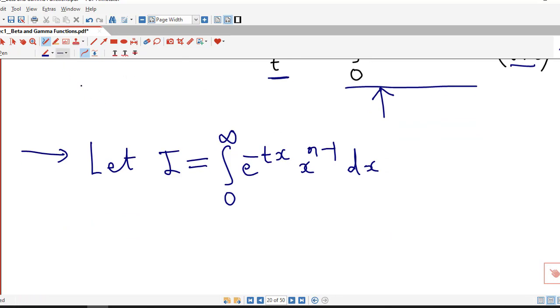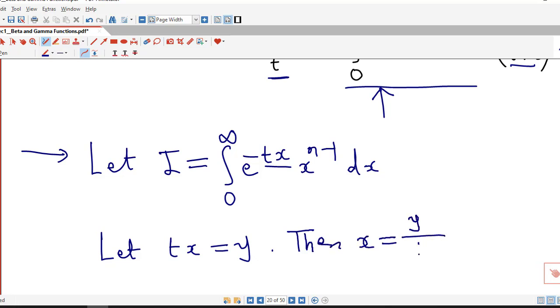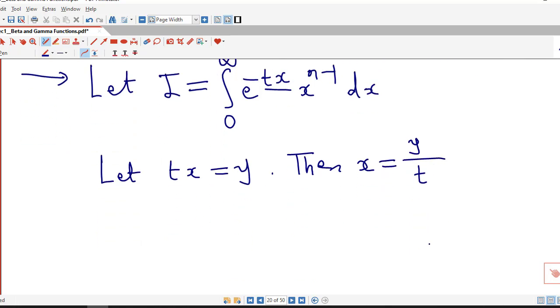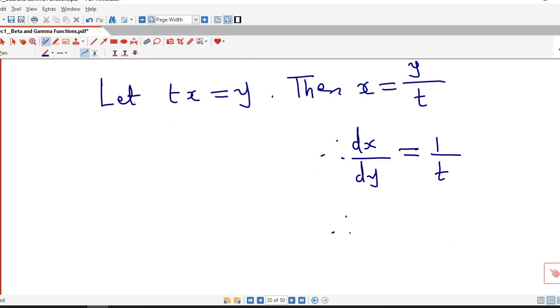So to convert this into gamma function, we assume a substitution. Let tx equal to y. Then because t is positive, we can write x equal to y over t, and t is constant, and if we differentiate with respect to y, we have 1 by t, and therefore dx equal to 1 by t dy.